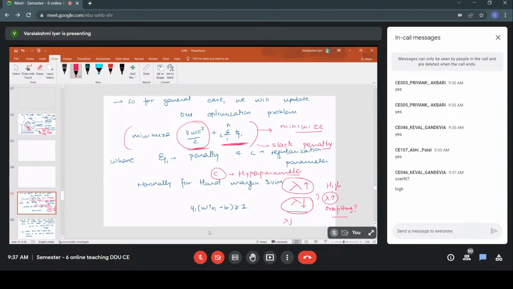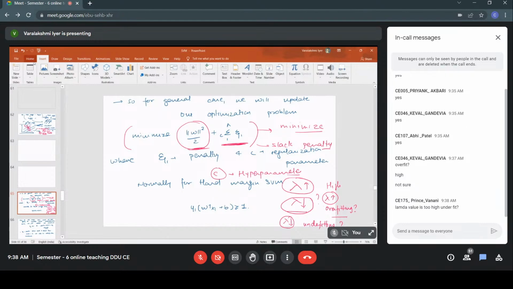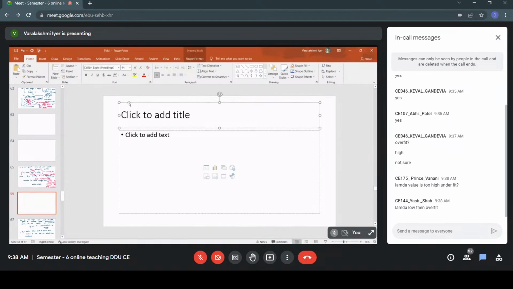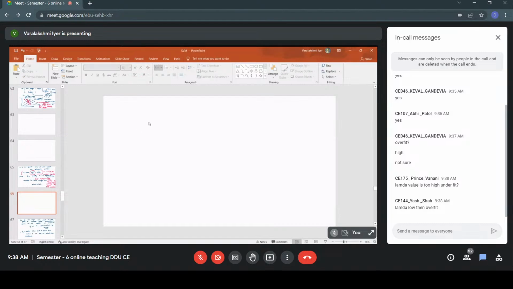Yes, and if lambda is too low, then it will cause underfitting. Are you sure about this? Okay. Anybody else? Okay, lambda value too high, then underfitting, and otherwise overfitting.